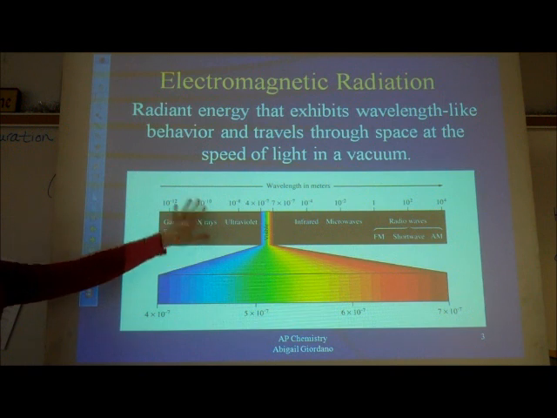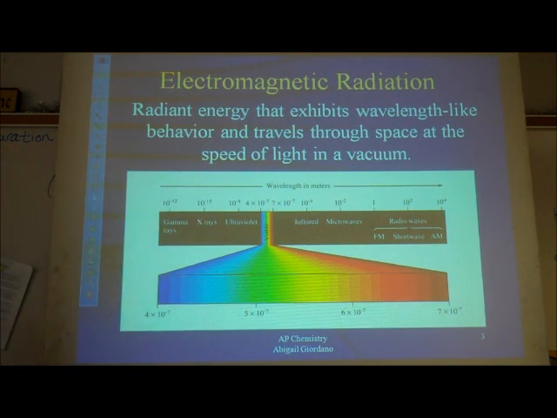And gamma rays, ladies and gentlemen, are extremely dangerous to humans. They carry a lot of energy with them. They can pass through the human body, and when they do, they tend to target your DNA. Now think back to biology. If something is attacking your DNA, do you think that's a good thing?